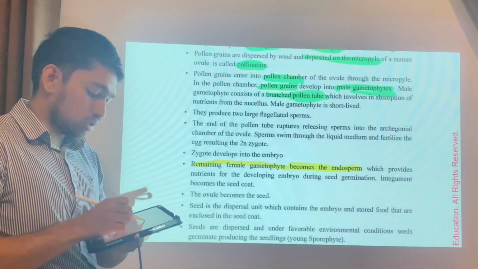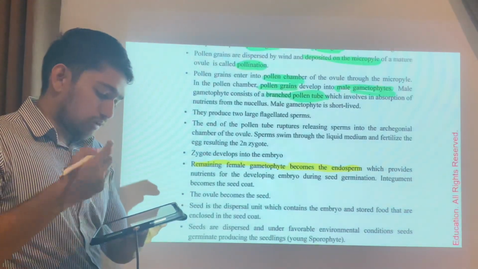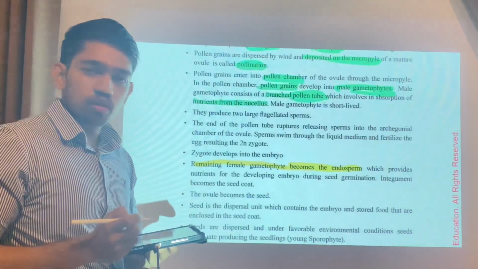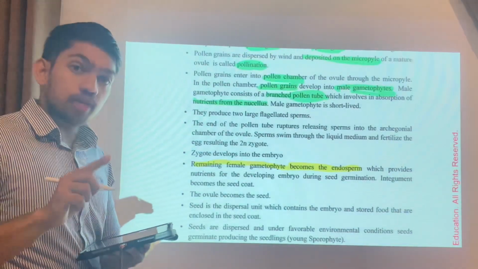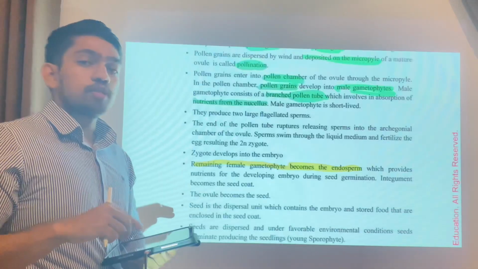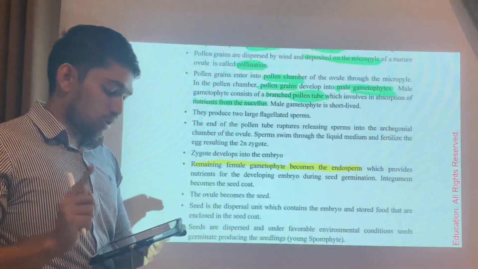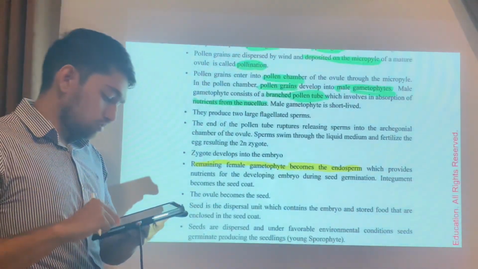I mentioned earlier, it's a unique feature of seed plants. It is involved in the absorption of nutrients from the nucellus. What is nucellus? The remaining megasporangial tissue. Again, they can ask you, what is another function of the nucellus? That is to also provide nourishment to the male gametophyte.